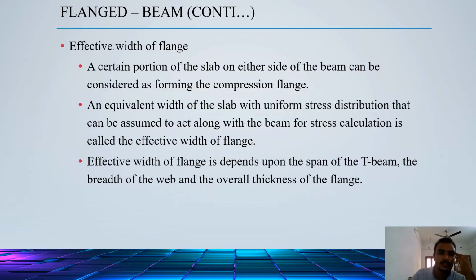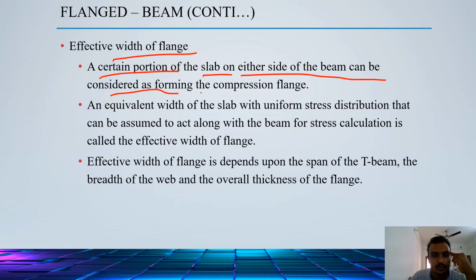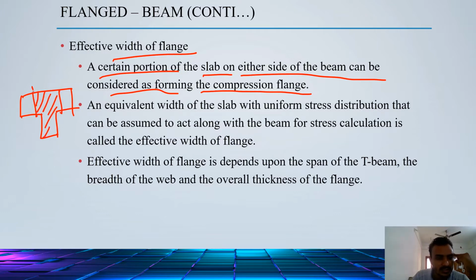Then, what is the effective width of flange? Means the slab. So we have to find out the effective width of flange. The effective width of flange is a certain portion of slab on either side of the beam that can be considered as forming a compression flange. Look at here, in a T beam, this certain portion we call the effective width of flange.